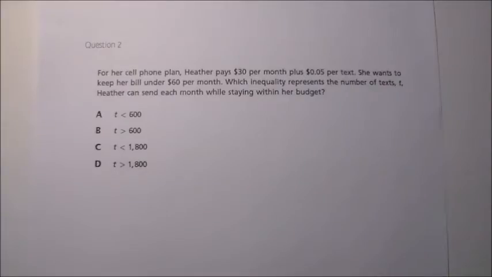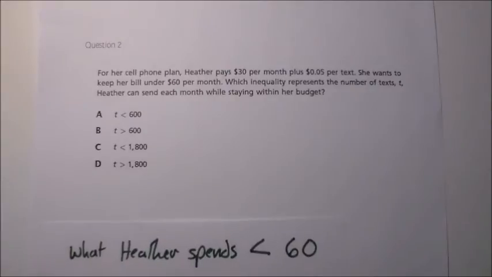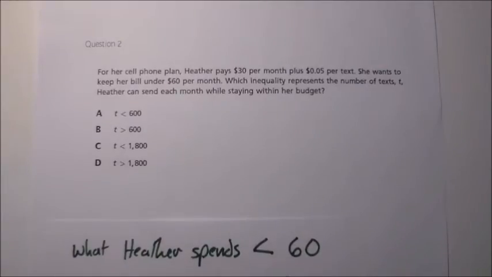Question 2. For her cell phone plan, Heather spends $30 per month plus 5 cents per text. She wants to keep her bill under $60 per month. Which inequality represents the number of texts T Heather can send each month while staying within her budget? Okay, so the amount Heather spends has to be less than 60 bucks.